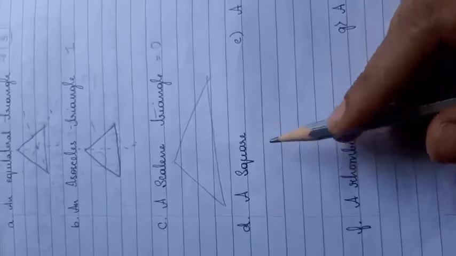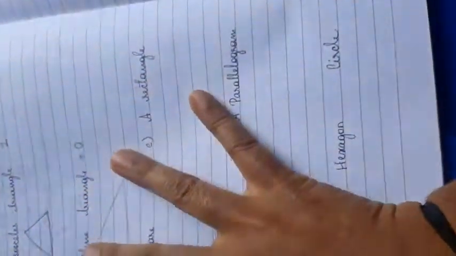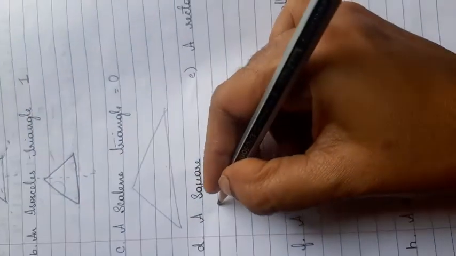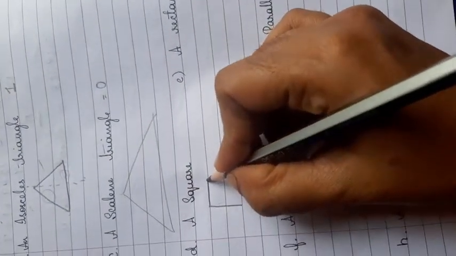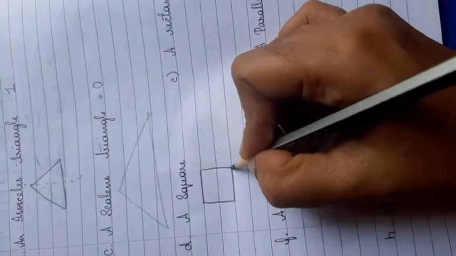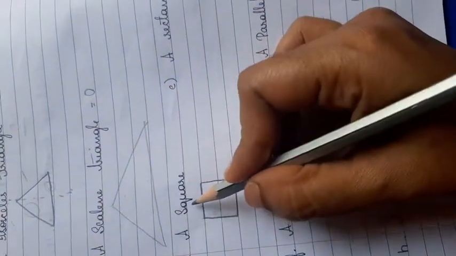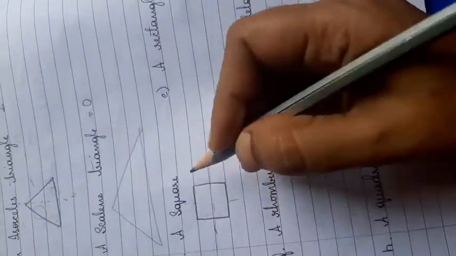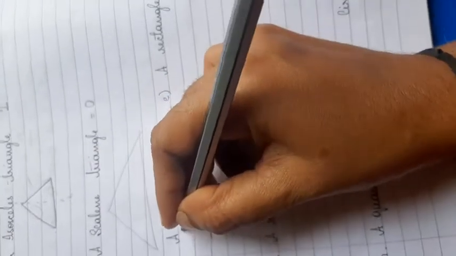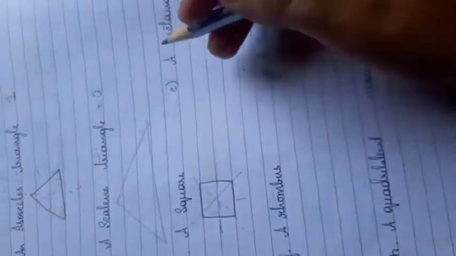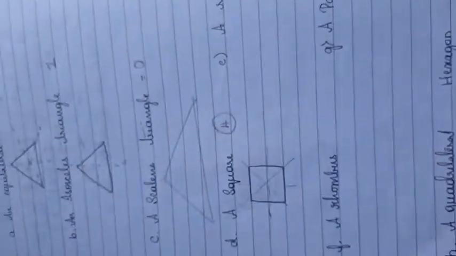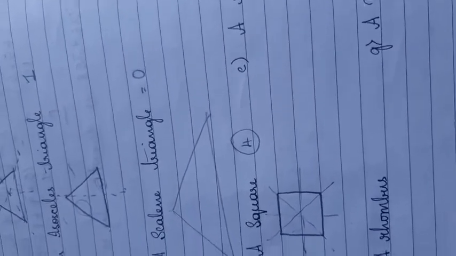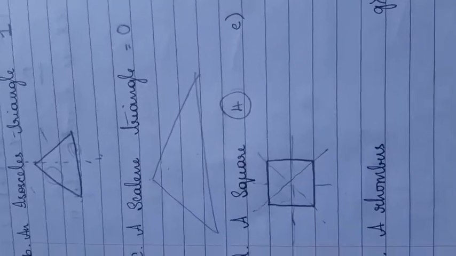Next one, square. You know square. Square means what? All the sides are equal, right? So if all the sides are equal, it will be having how many lines of symmetry? 1, 2, then one more 3, then one more 4. So how many lines of symmetry will be here? 4 lines of symmetry. Clear, children?